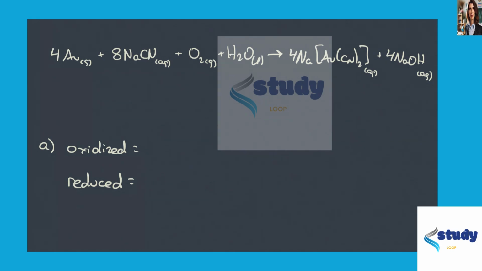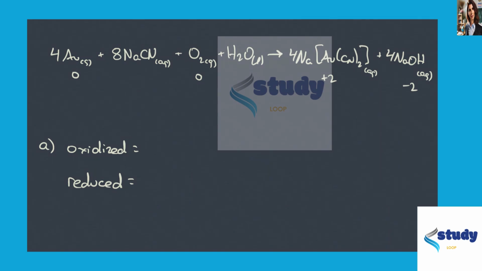The oxidation numbers that are going to be meaningful to us here are the oxidation number of gold, which is 0, the oxidation number of O2, which is 0, the oxidation number of gold on the product side, which is +2, and oxygen on the product side is -2. We're not going to consider the oxidation numbers of sodium, cyanide, and hydrogen, or carbon, nitrogen, and hydrogen, as these oxidation numbers do not change.